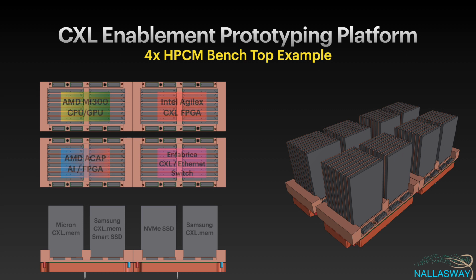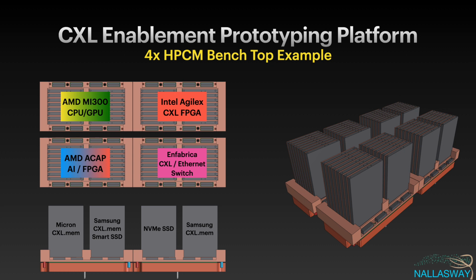In this example, I'm just showing the different types of HPCM modules that could be built based on different high power processors. We're currently working on the AMD ACAP AI FPGA module, bringing that into reality. And we're also testing out the thermal and power infrastructure. That's one of the key first steps that we're working on today.